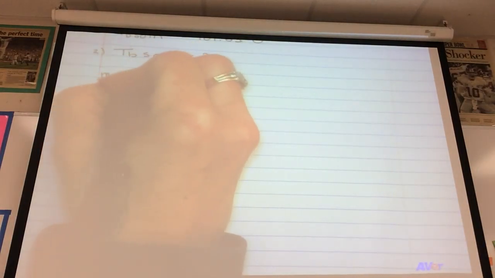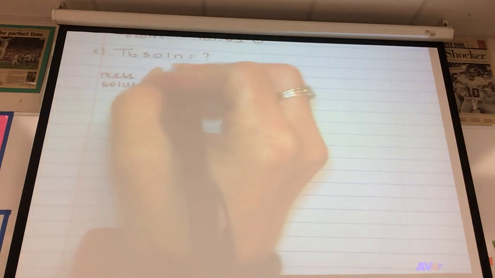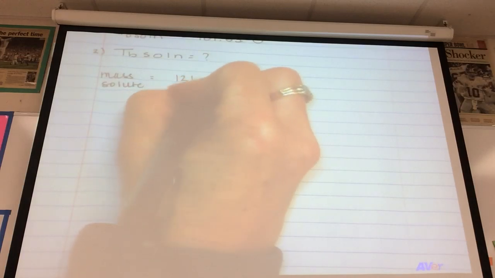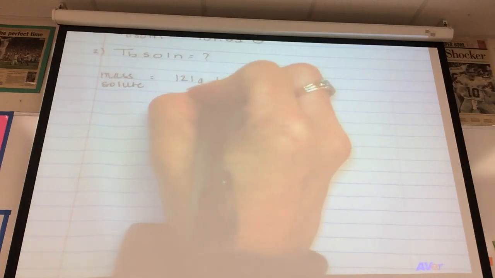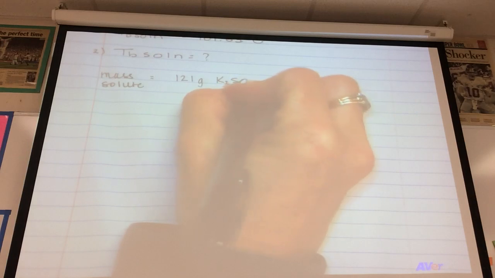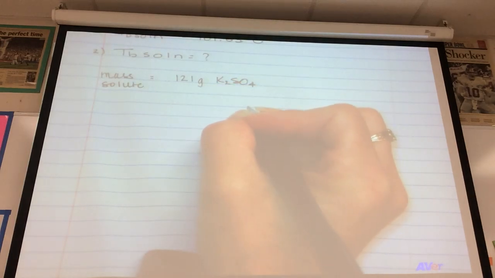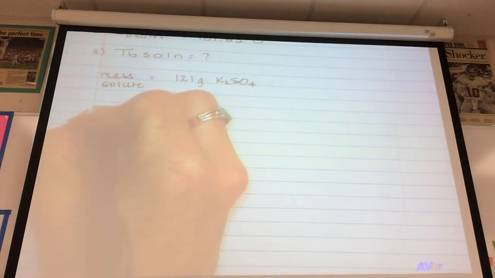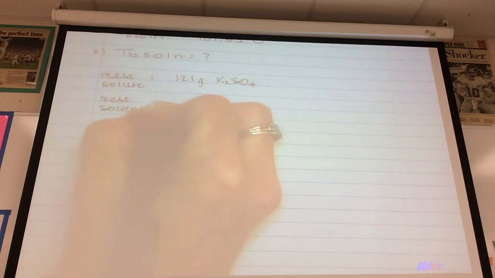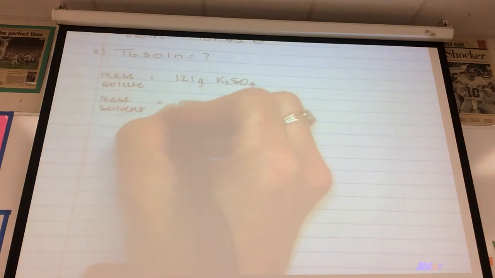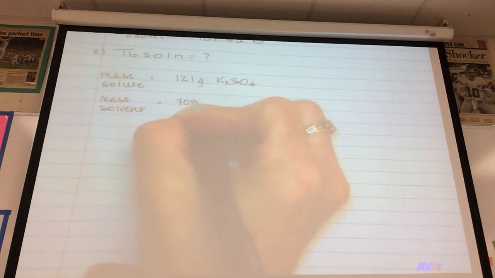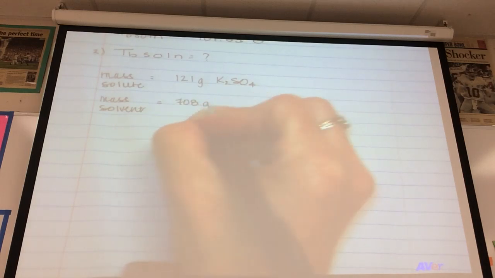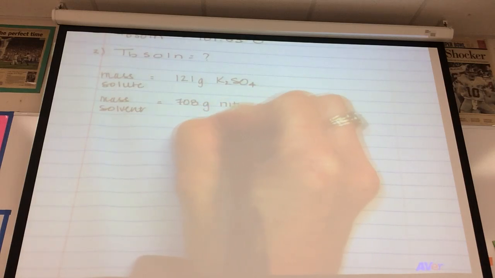The mass of the solute is 121 grams of potassium sulfate, and the mass of the solvent is 708 grams of nitrobenzene.